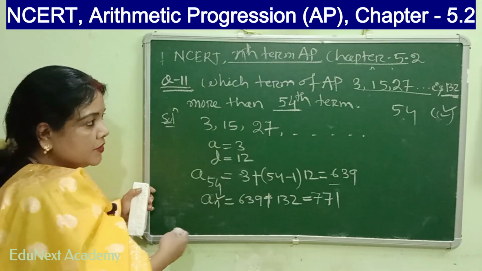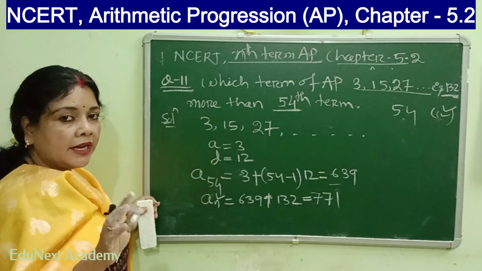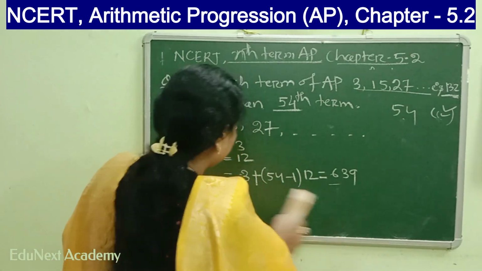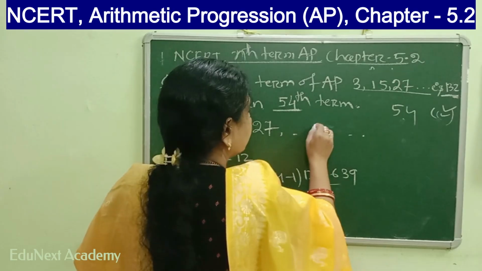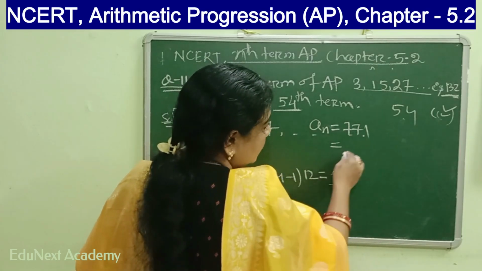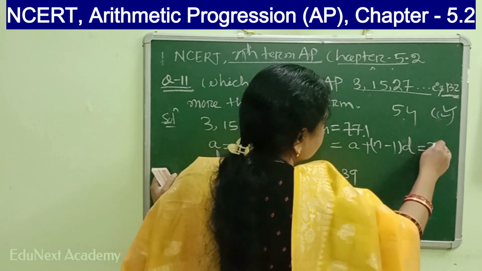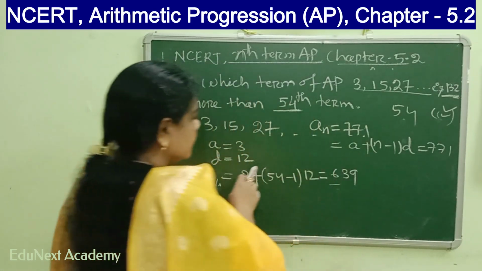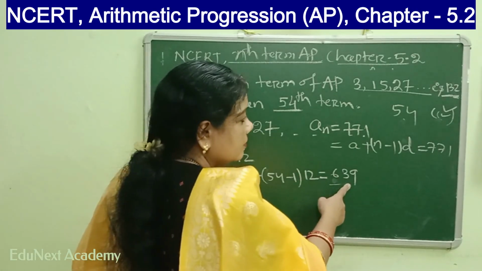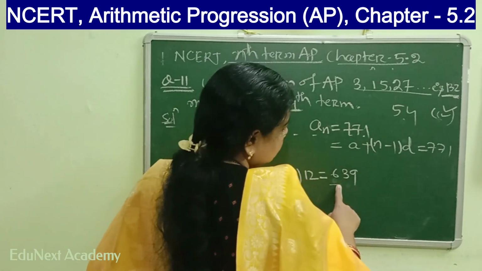That means we have to find the term after 54, whose value is 132 more than the 54th term. So as I got that an is equal to 771, we use the formula a plus n minus 1 into d is equal to 771. The 54th term is 639, but the nth term we have to find is 132 more than 639.